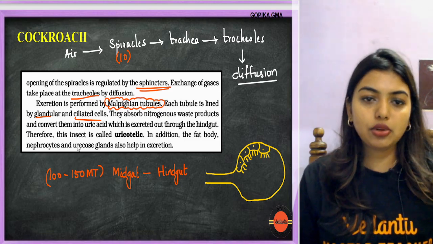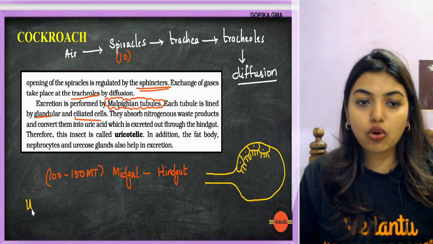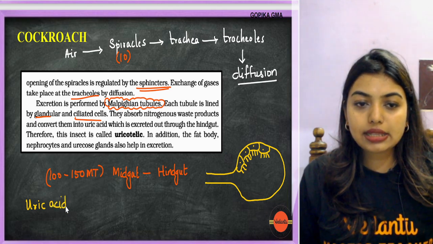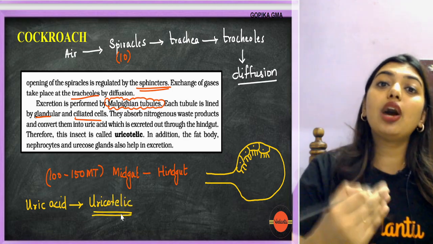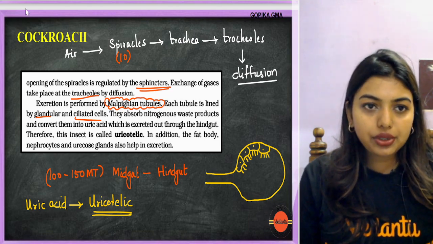Ciliated epithelium. Got it? Now, and they convert into uric acid. So cockroach is the one that is uricotelic. Okay, uricotelic means the one that is giving out uric acid, right? Excreted product is uric acid. Got it?